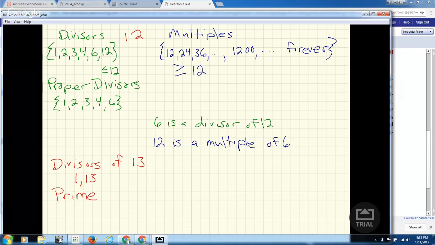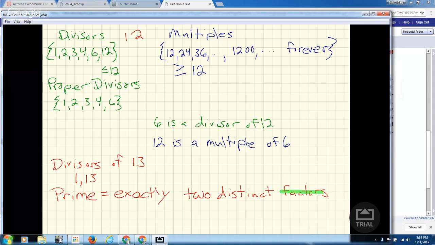And we say primes are the building blocks of the whole numbers. So my definition of prime is having exactly 2 distinct or different factors. And often we use the word factor and divisor synonymously.